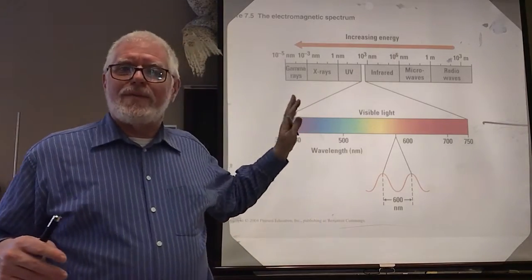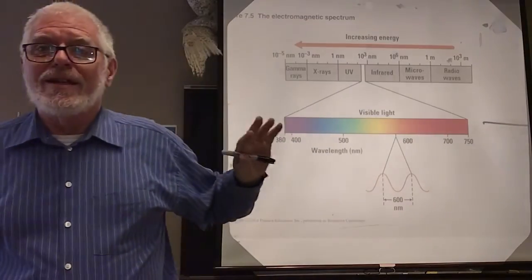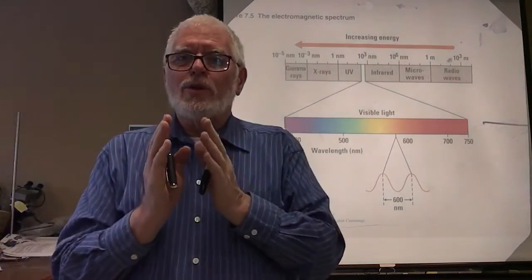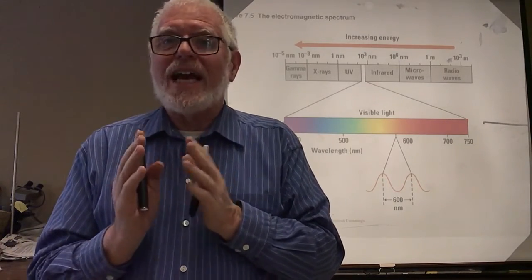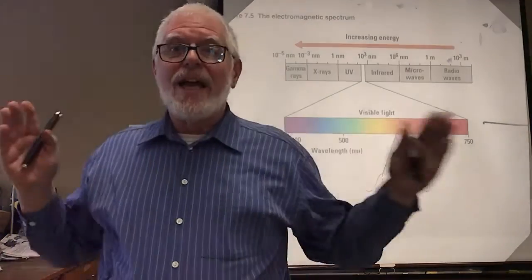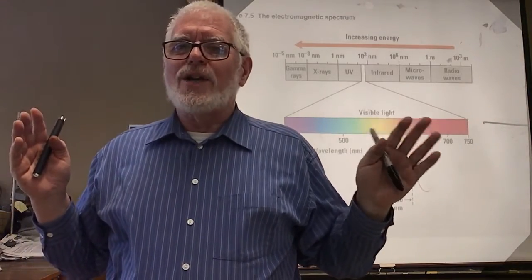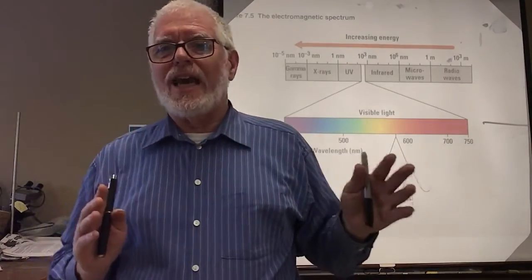Now, all of this stuff in the same medium travels at the same speed. So, the closer together the waves are, the more of them hit you in a second, right? If the waves are really close together, in a second, a whole bunch of them hit you. If the waves are really far apart, in a second, not very many of them hit you. And so that's how the wave connects to the energy.